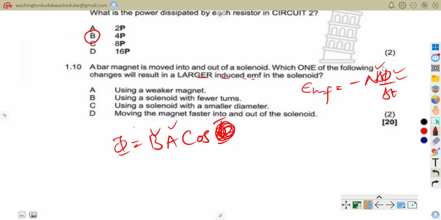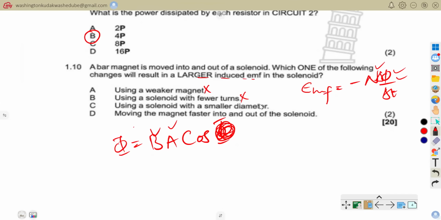The higher the number of turns, the higher the EMF induced. So here they're saying we can increase this induced EMF by using a weaker magnet. This is actually incorrect. We need a stronger magnet here. Using a solenoid with fewer turns? No, it's not correct. We need more turns.